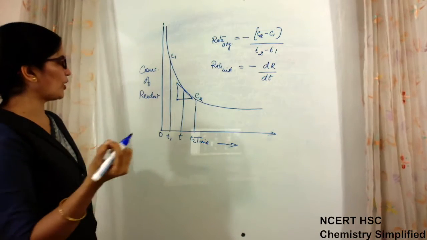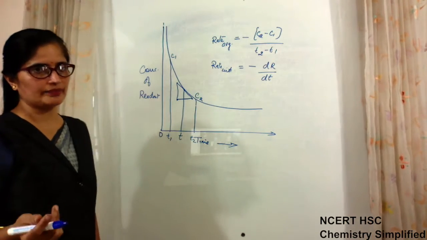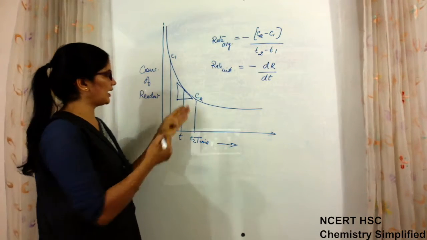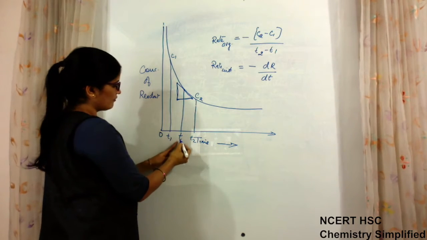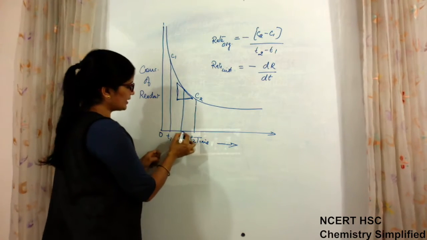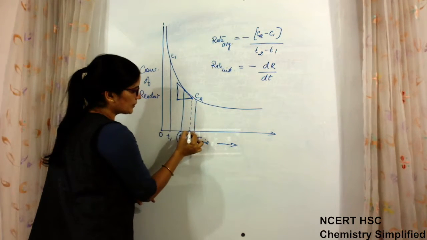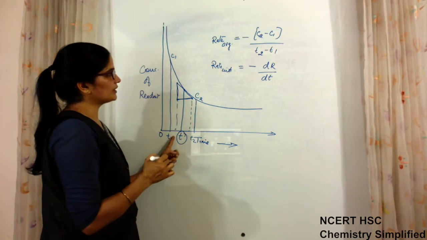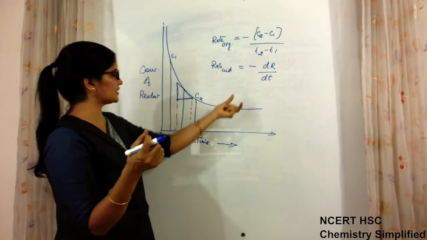It will not be just point values, because in the graphical method we have to draw a tangent to the curve and then find the slope of that. Suppose we have to calculate the instantaneous rate at time T, then the values corresponding to this point and this point will be C2 minus C1, but for a small instant. That is why it is known as the instantaneous rate.